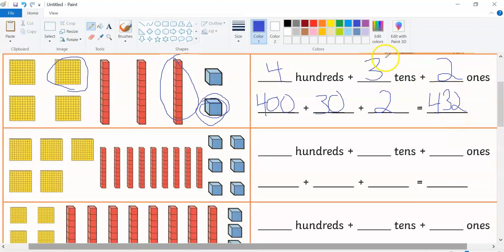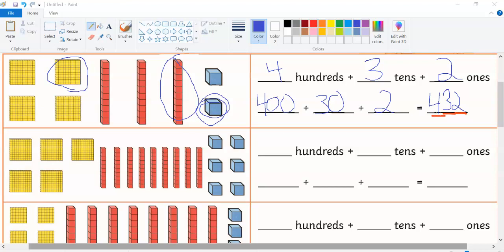When we're talking about whole numbers, the number furthest to the right is always your ones spot, and it occupies just one place. The number 1 spot over from the ones is always the tens spot, and the number 1 more over is always the hundreds spot.